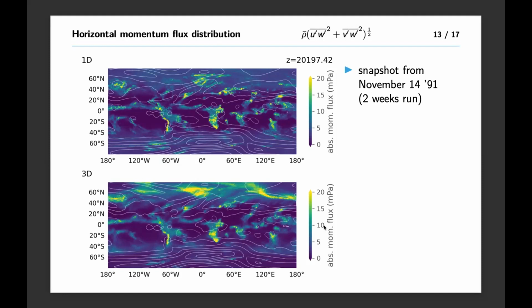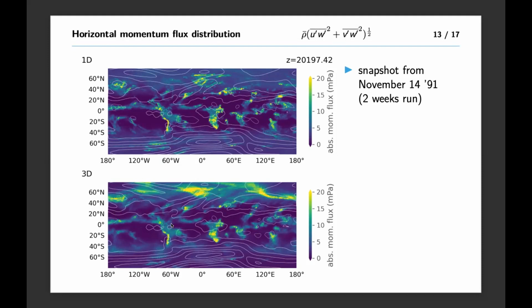The first thing is, if we look into the tropics where there's no background sources, but only convectively launched gravity waves, then we can see that in the 3D version, this is more spread out, which is what you'd expect, because if there is convection only in a specific cell in the tropics at a specific time, this is the only cell where there's gravity waves when there's no horizontal propagation.